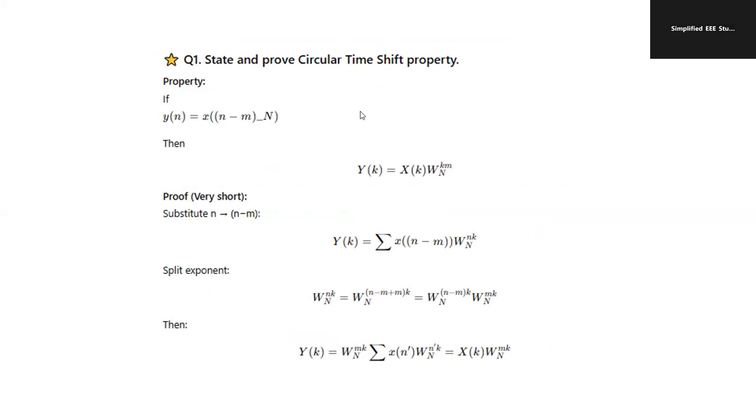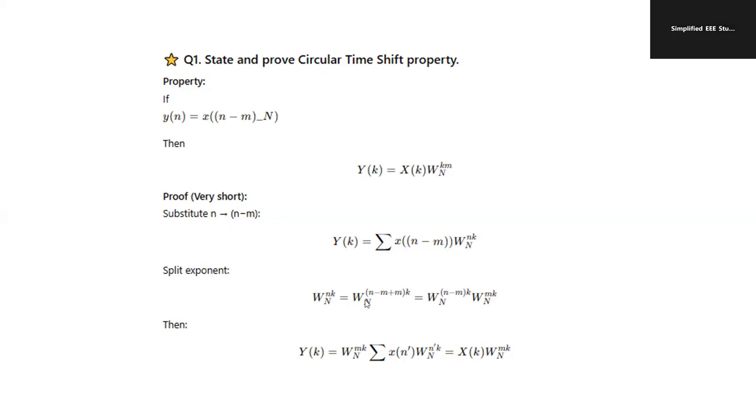State and prove the circular time shift property. If y of n is equal to x of n minus m, then Y of k can be written as X of k into W_N to the power km. The proof is very short. Substitute n replaced by n minus m, so we modify the equation: Y of k is equal to sum of x of n minus m into W_N to the power nk.